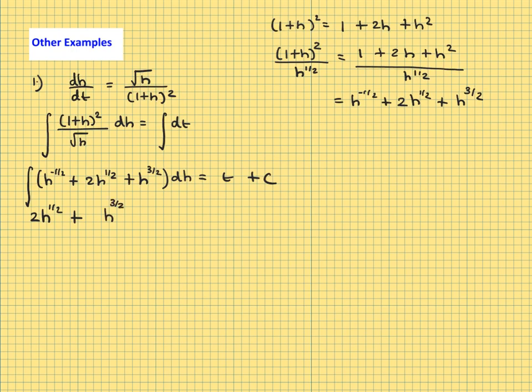Now dividing by 3 over 2 is the same as multiplying by 2/3, so we end up with 4/3. And then we have h to the power of 5 over 2, and again dividing by 5 over 2 is the same as multiplying by 2/5, equals t plus c.